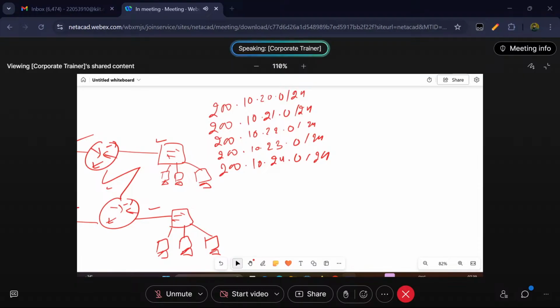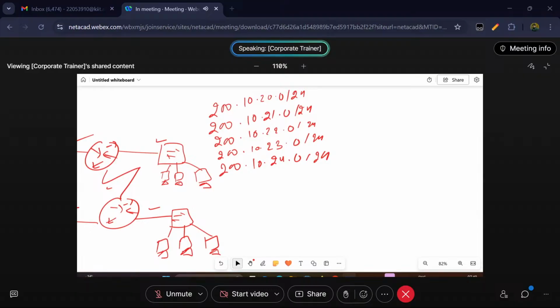And in each network, you already know how many hosts you can configure. So how many hosts can you configure from each network? 254. Very good. In each network, 254 hosts you can configure, but I have connected only a few hosts.